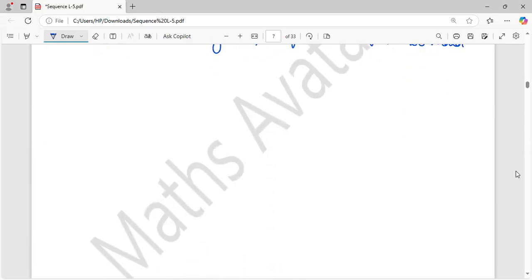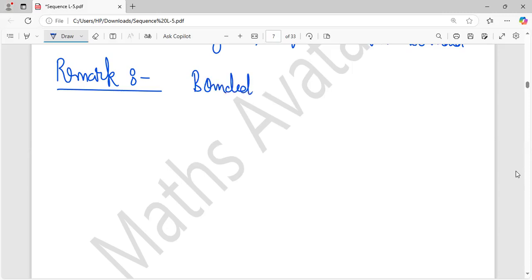Remark: a bounded sequence need not be convergent.